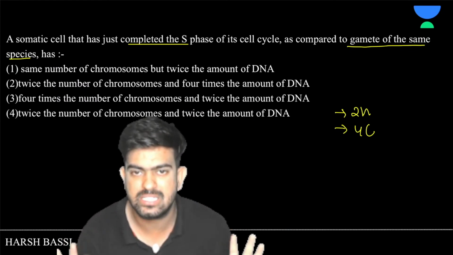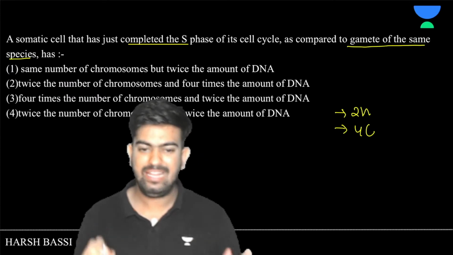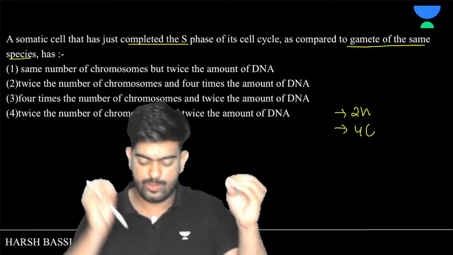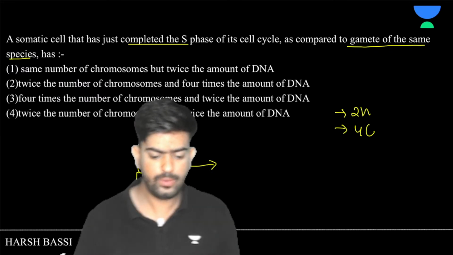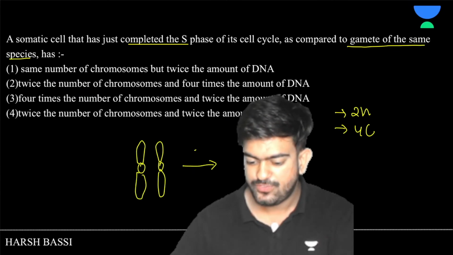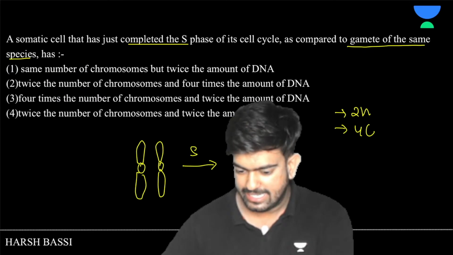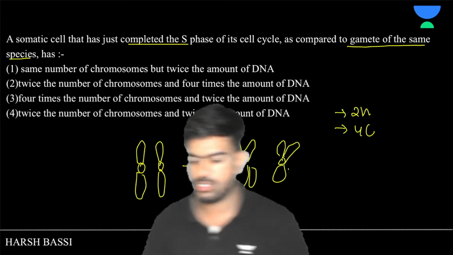Sir, not able to understand 2C, 4C. See, we have this homologous chromosome, one from mother, one from father. Now in S phase, DNA duplication takes place. So DNA will be duplicated like this. Yes or no? Yes, sir.